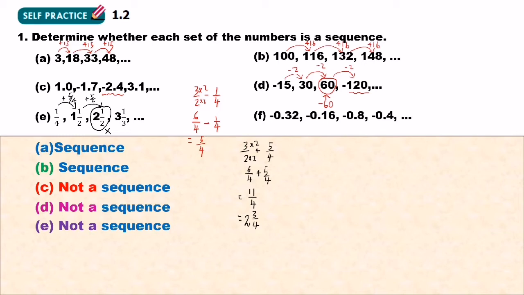Okay, so negative 0.32 and negative 0.16, I think we can divide by 2, right? If we divide by 2, negative 0.32 divided by 2 is negative 0.16. Negative 0.16 divided by 2 is negative 0.08.